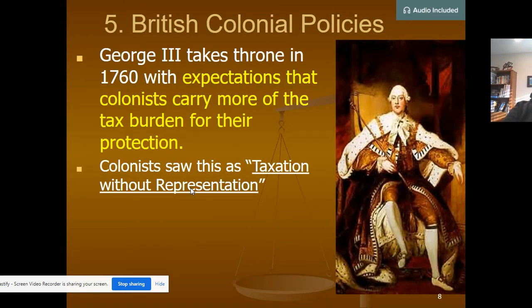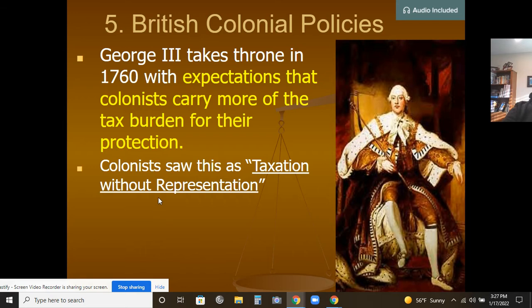Anyway, in 1760, George III takes the throne, and he was of the belief that the colonists should take more of the tax burden because the Brits are having to provide for their security, so they should pay a little more.